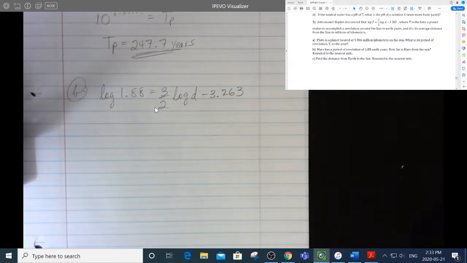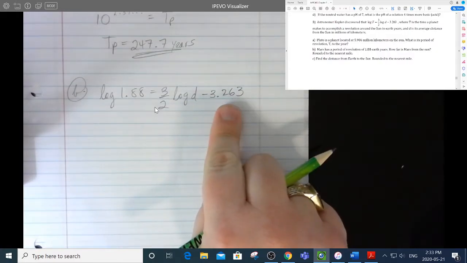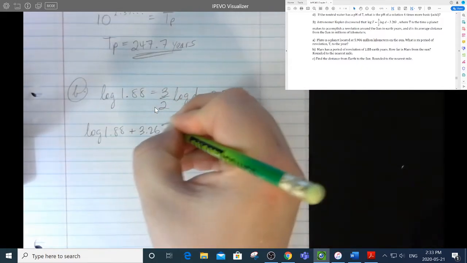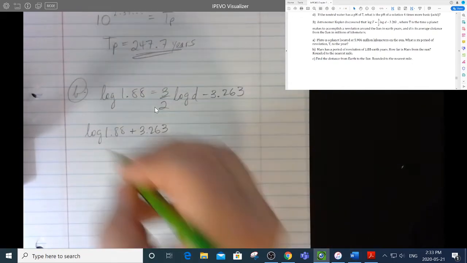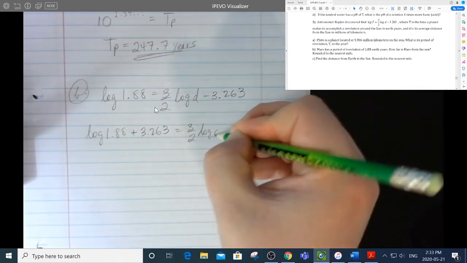Well, we're going to solve for D, so I have to isolate D. I'm going to move this to the other side. So it's going to be the log of 1.88 plus 3.263. Then that is equal to 3/2 log d.